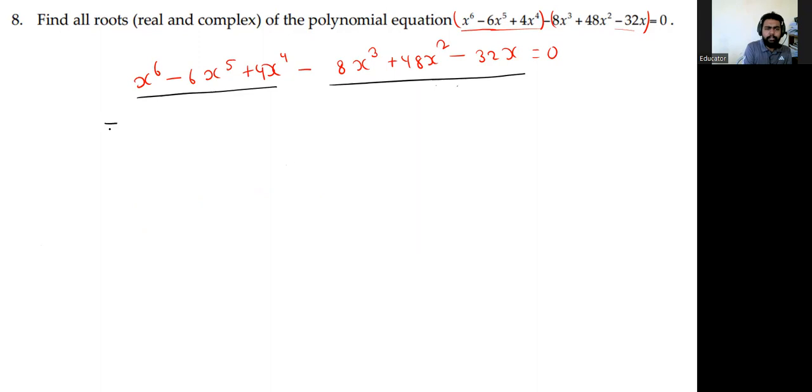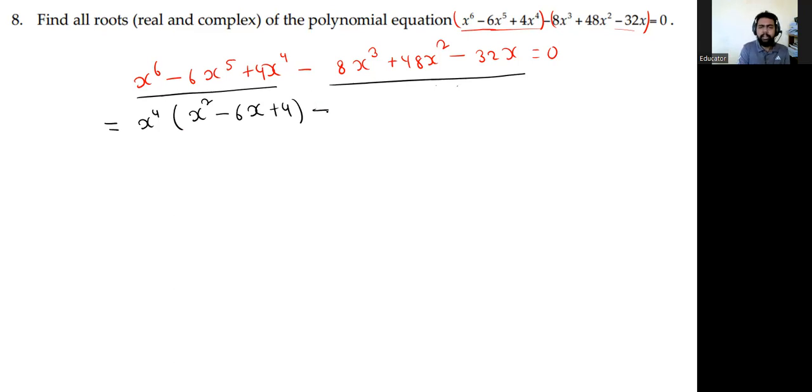Right, now I'm going to take x^4 common. So I have taken x^4 as common. If I take x^4 as common, what would I be left with? I would be left with x^2 minus 6x plus 4. Here, whatever the first sign is, you have to take that as common as part of the GCF, as always.